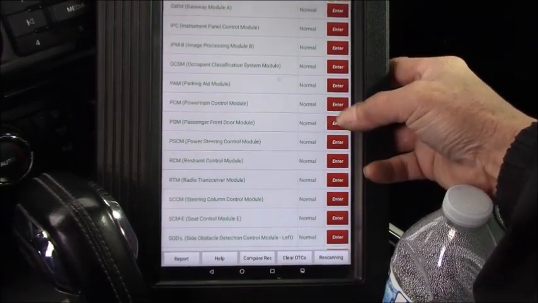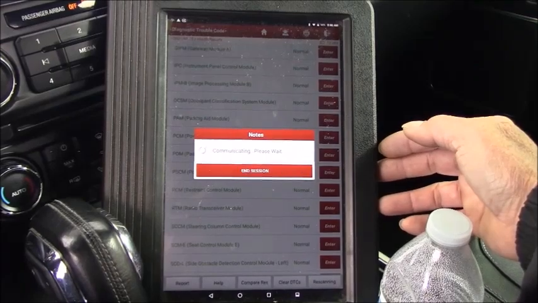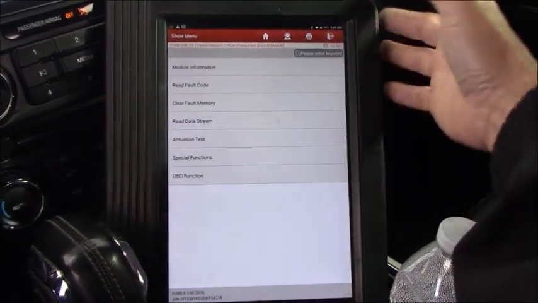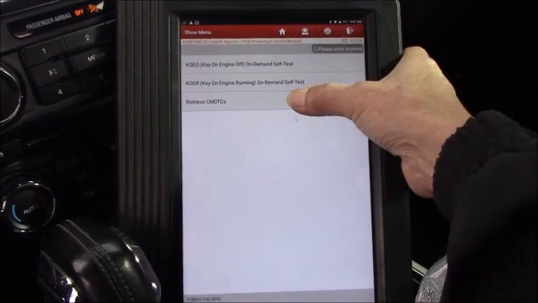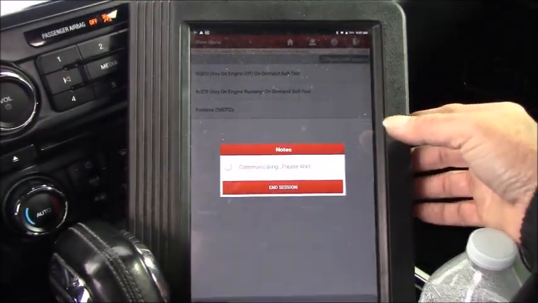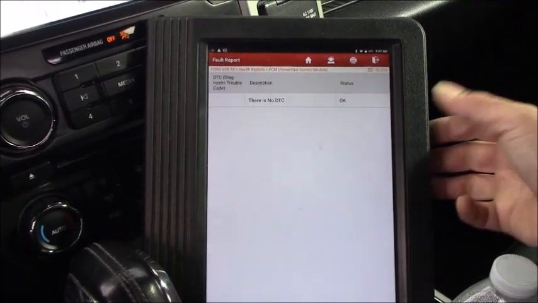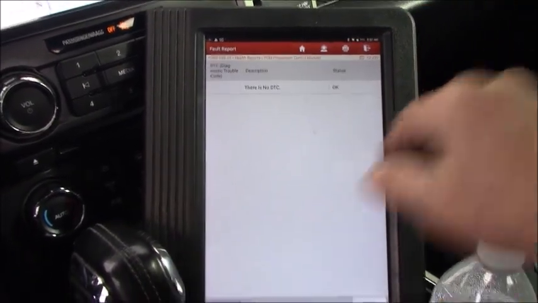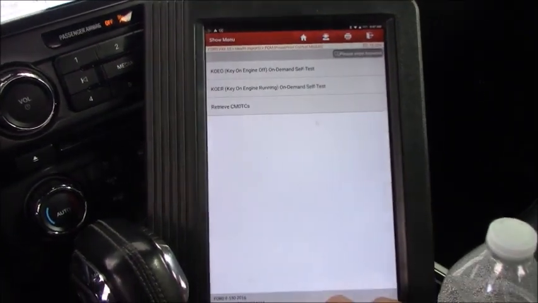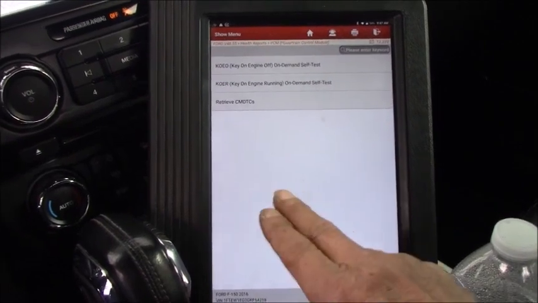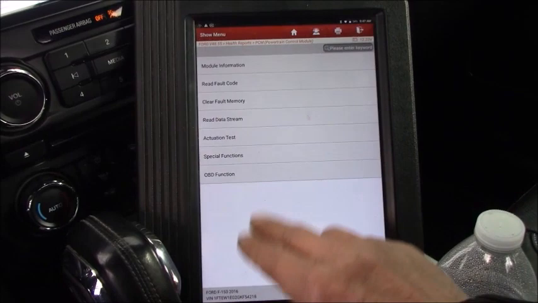Okay, let me go to the powertrain control module. Let me double check, read the fault code again. In the powertrain control module, as you can see, there is no DTC. Okay, I would like to go back to see some data in the powertrain control module related.